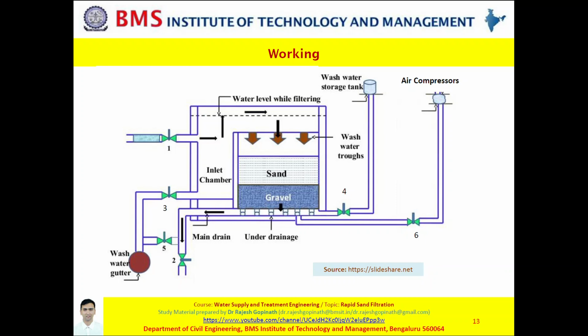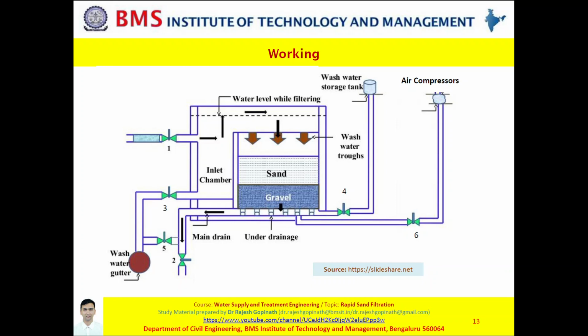Okay, let's continue. Now once this is done, you need to close valve number 3 and open valve number 1 and valve number 5. So now when you open valve number 1, the raw water enters the inlet chamber, cannot go out through 3, rises and falls onto the filter bed, into the base, into the laterals, and then comes out.